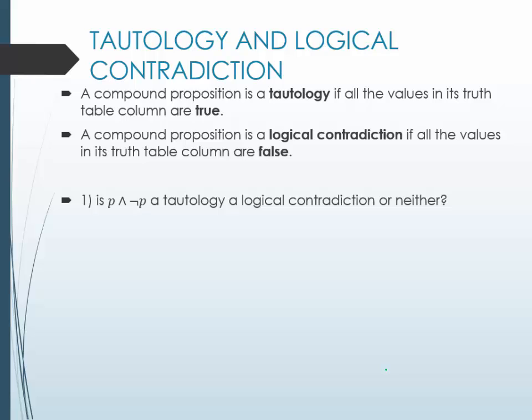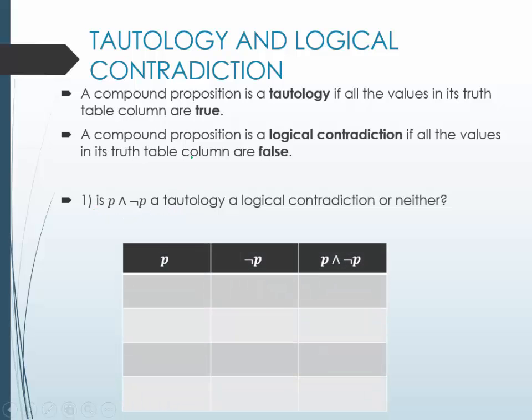So here it is. We have P conjunction negate P. Okay, let's decide if that's a tautology or a logical contradiction. So what are our truth statements here? Well, we have true, true, false, false. We don't necessarily need to write them like that, but we're pretty used to writing true, true, false, false.